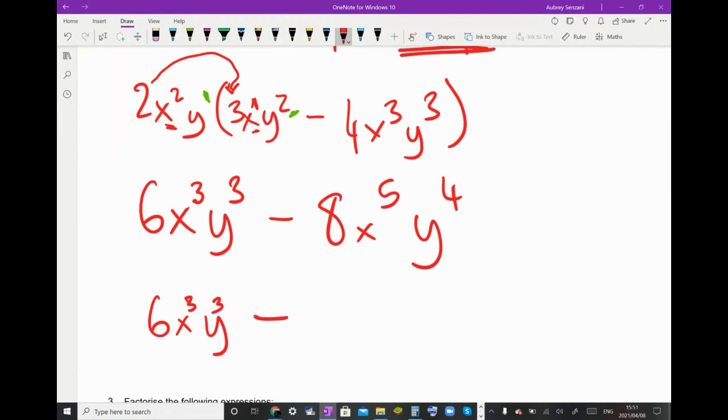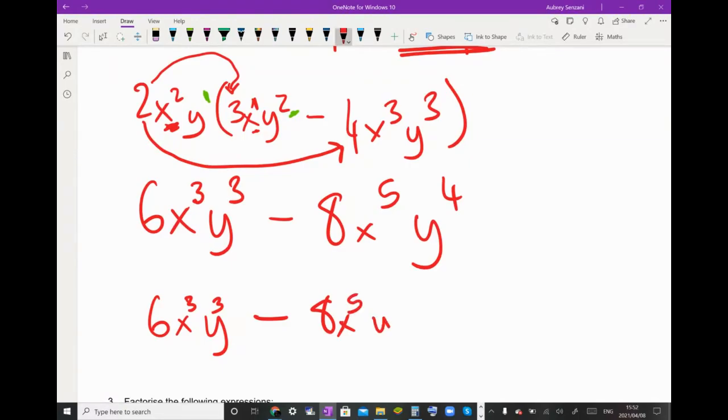Then we are saying minus, again, 2 times 4, which is giving us 8. Then this x cubed, we're saying x to the power 2 plus x to the power 3, so 2 plus 3 gives us x to the power 5.